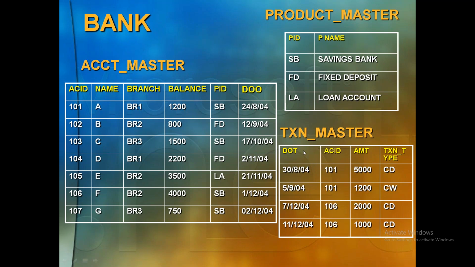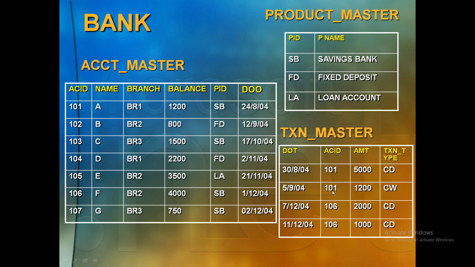The transaction master table has the transaction date, the account number, which is a primary key in the account table and a foreign key in this table, the amount, and the transaction type, CD meaning cash deposit and cash withdrawal. So one customer can do many transactions. This is a one to many relationship. The account number is the primary key here and the foreign key there.